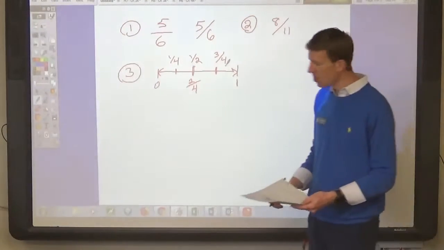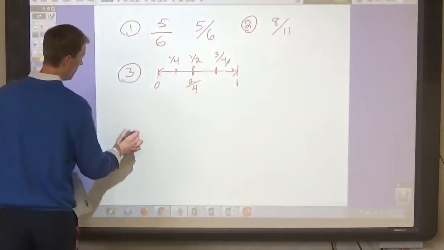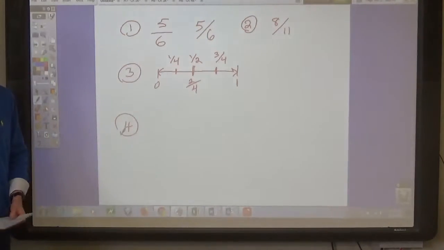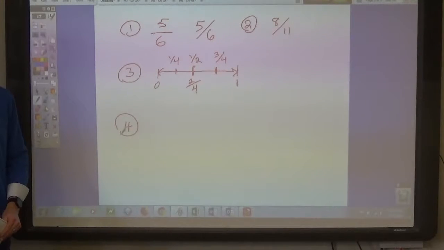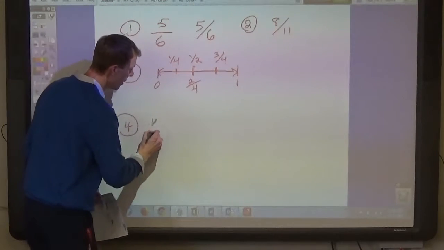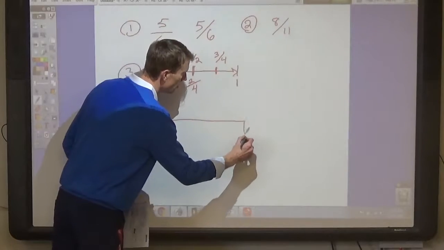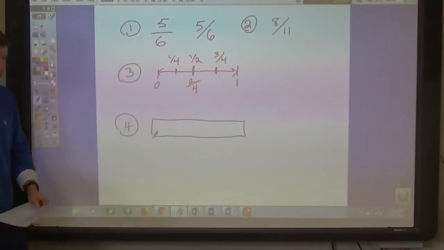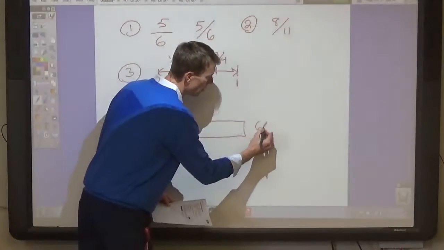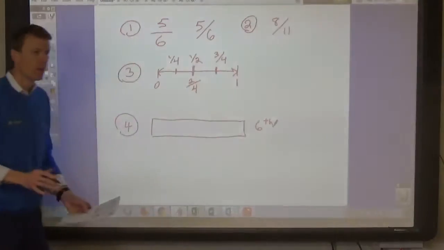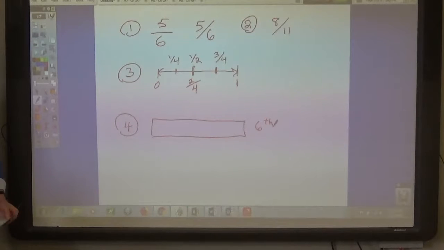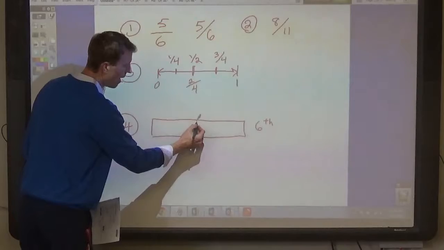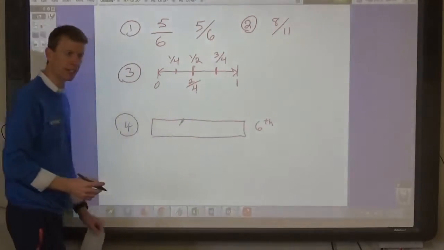Now, let's talk about how to draw models. When you're drawing models of fractions, the easiest way is to draw a rectangle. And if you need to cut it into sixths, for example, then you should draw how many lines? 5 lines, good. We'll cut it into 6 pieces.